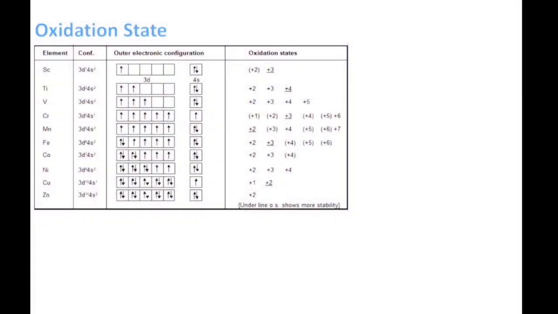Hello students, it is our second class to discuss the various properties of D block elements. We have already discussed the atomic radius, ionic radius, ionization energy, heat of atomization, melting point and boiling point.